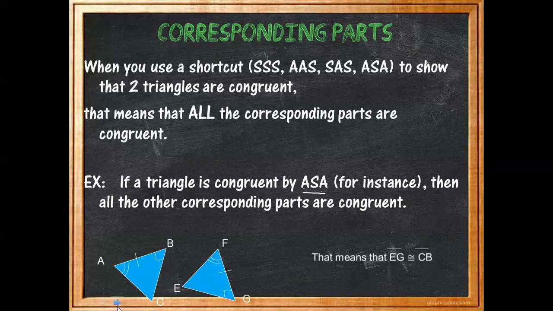So for this one, we know because of angle, side, angle, that triangle ABC is congruent to triangle FGE. So we know that EG right here is congruent to CB.